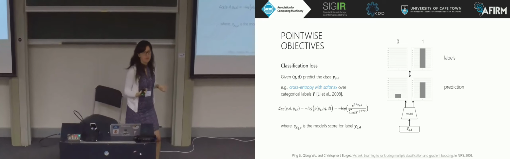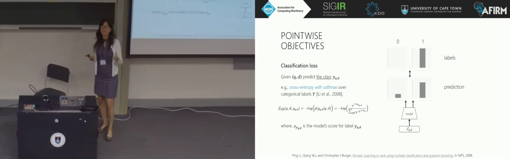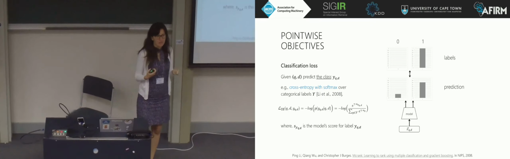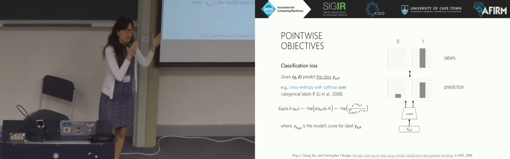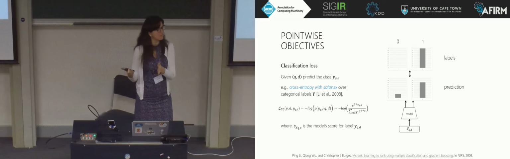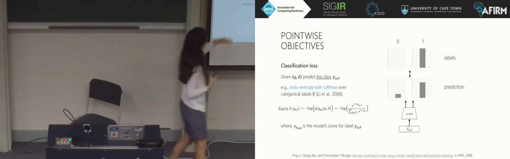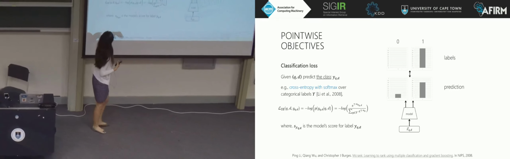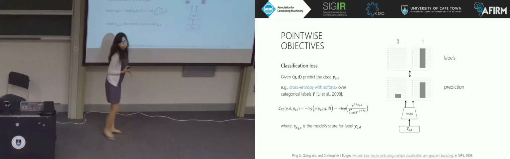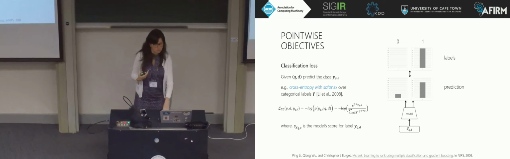A commonly used approach there is to first do softmax, so you form a distribution over the different classes that you have. And then at the end, your loss function would be the cross entropy between your actual labels and the distribution that you have obtained after applying softmax on your scores. So our cost function here would be the cross entropy loss with softmax. Okay, again, this is a basic classification technique, but applied to learning to rank.